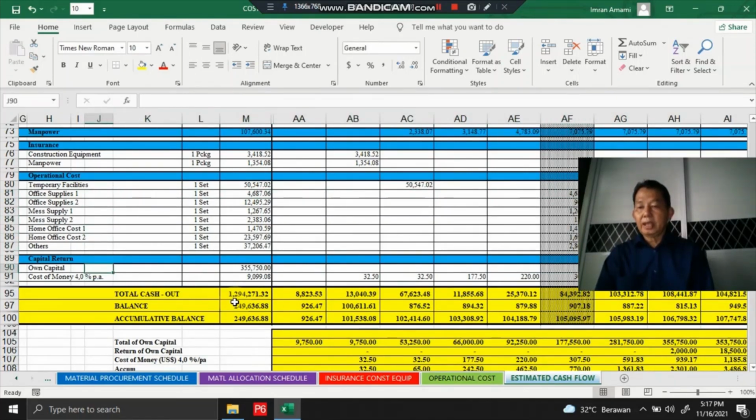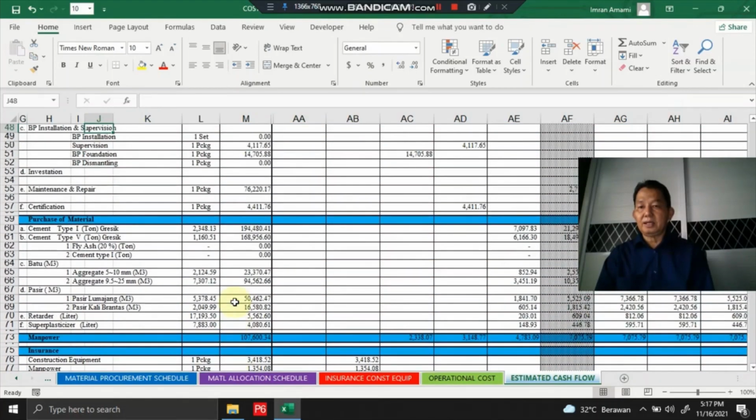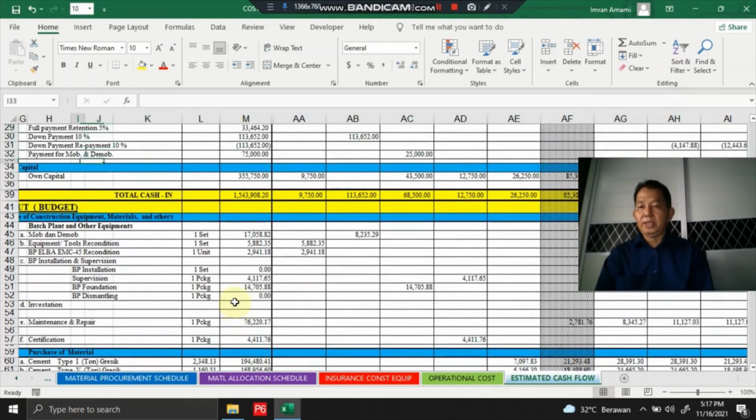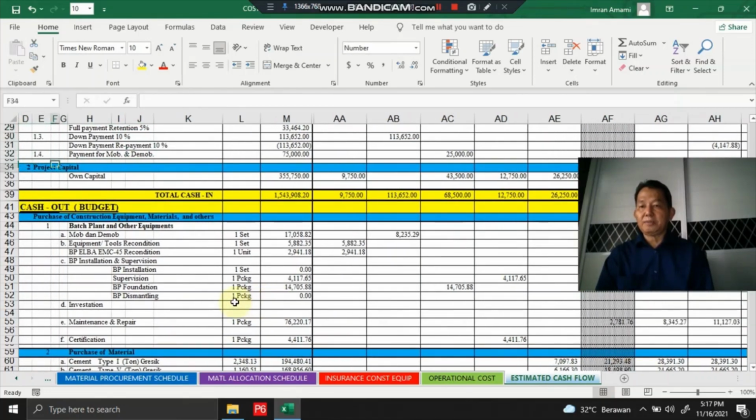Okay, and as said above, in this cash flow we use the project capital, or own capital, or company capital invested for this project.